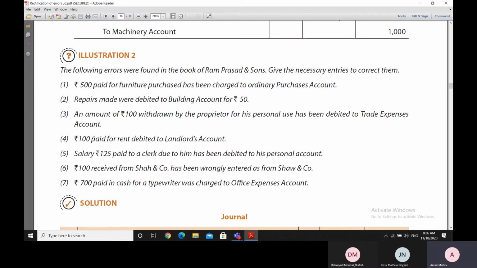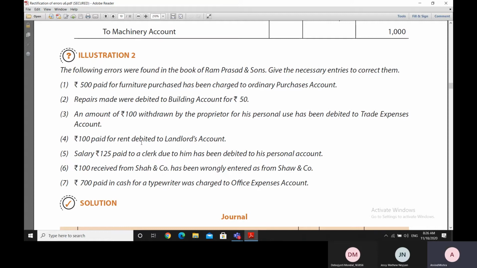So actually the entry which was made was perhaps a cash account credit or bank account credit and landlord account debit. Since the money has been paid to the landlord, no doubt, but it is on account of rent. So therefore we need to debit the rent account here.